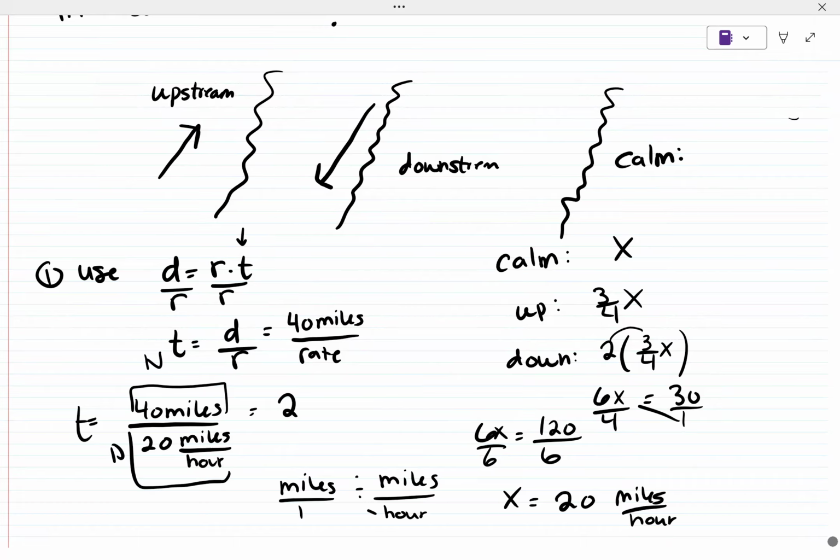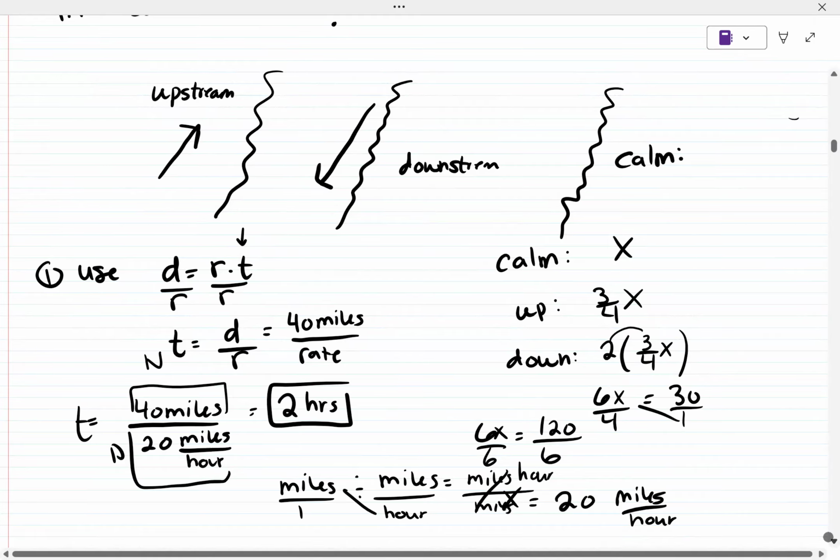And then if you cross multiply, this is going to be miles per hour, and then over here, this is going to be miles. And then you're left with hours. So that's how you got hours. Okay. So our time is 2 hours. So if you have to redo that problem again, go ahead, because it's a bit tricky.